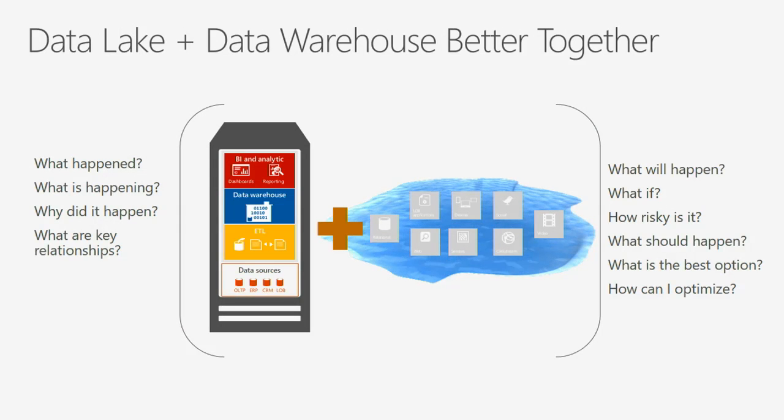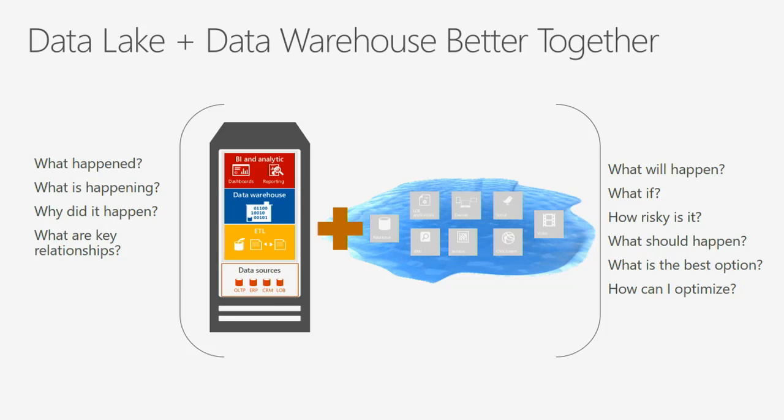Data lake and data warehouses can also work very much together, right? Because the data warehouse does that historical OLTP kind of scenario, while the data lake gives you a place where you can have that unstructured component, right?